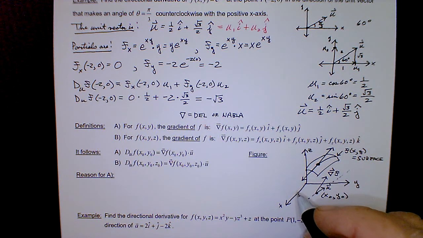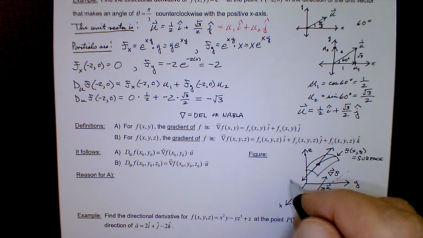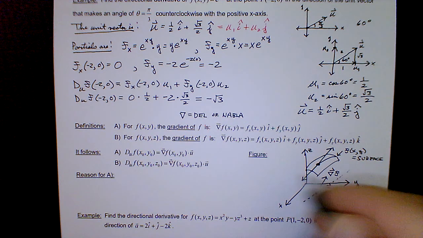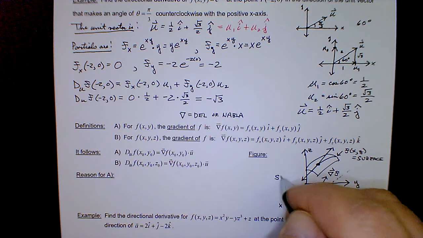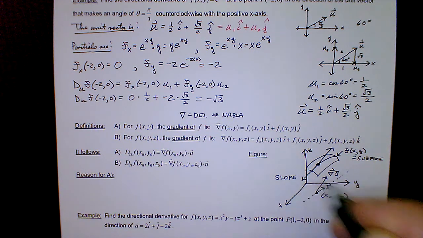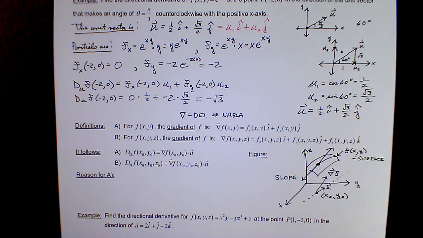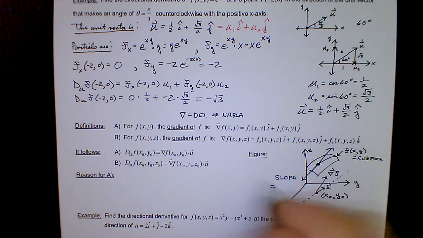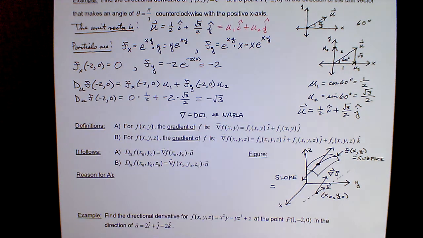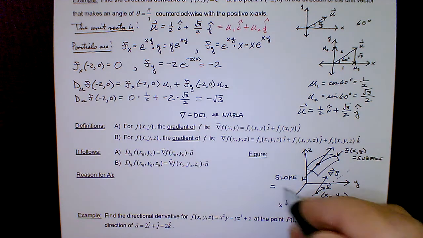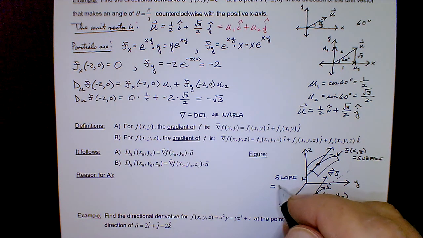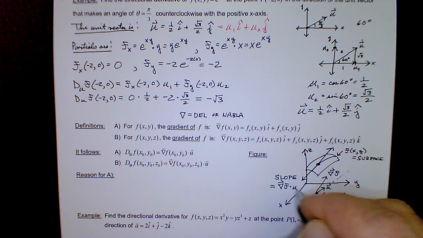So this slope of the tangent is going to be our directional derivative, which is the gradient of the function dotted with u.